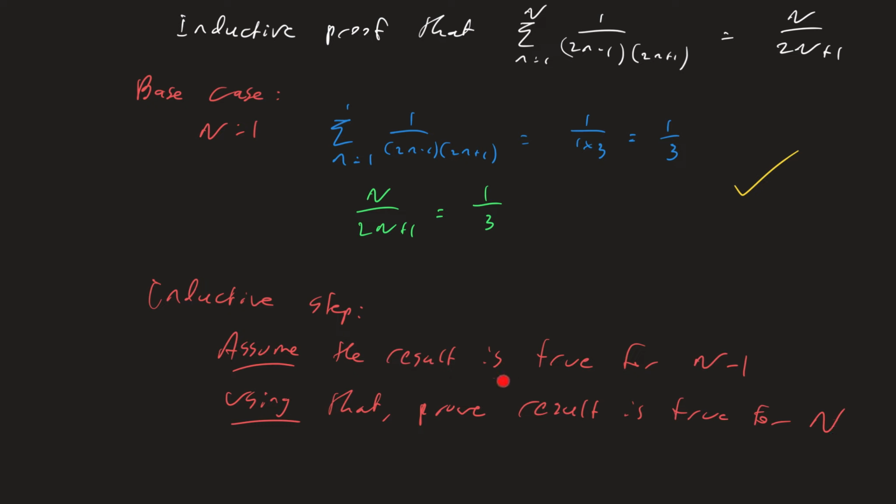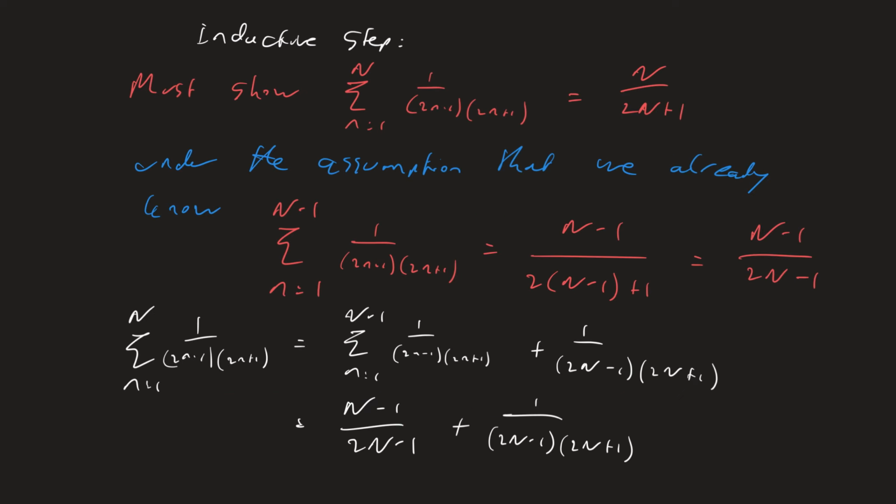And by being able to do this without reference to the particular number, but for an arbitrary number big N, intuitively what happens is that someone else can come along and first choose big N equals 2 and apply this, because we know it's true for n equals 1, and then they've shown that it's true for big N equals 2. Then they apply this again, and they've shown it's true for n equals 3, and they apply this again, and it's true for n equals 4, and so you can see that we therefore have shown that it's true for all n.